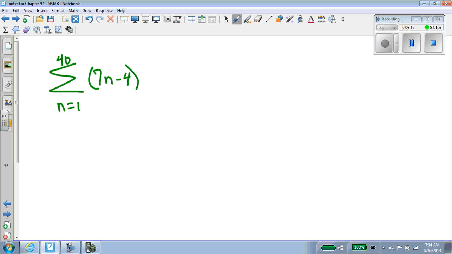Okay, what if it comes in this form? We want the sum of the first 40 terms. So 40 terms, 20 pairs, of a sequence defined this way. Now, I know that this is an arithmetic sequence because this looks like a linear equation, mx plus b, 7x minus 4.